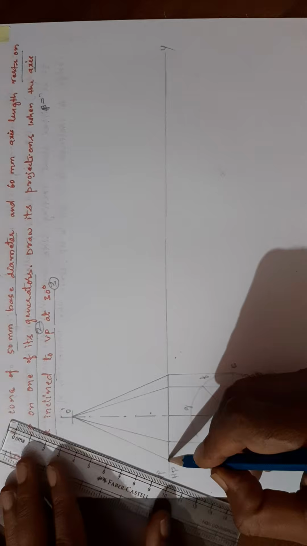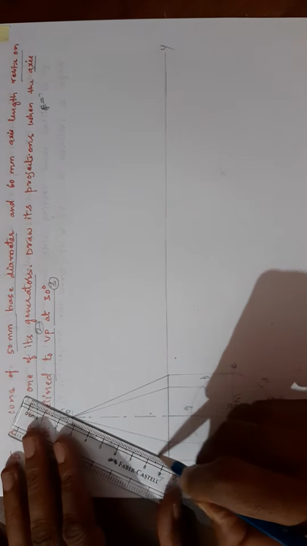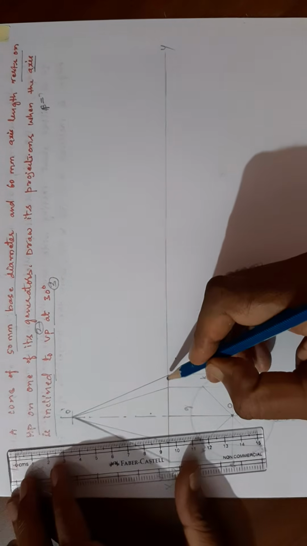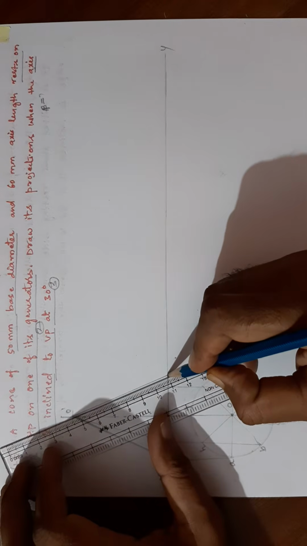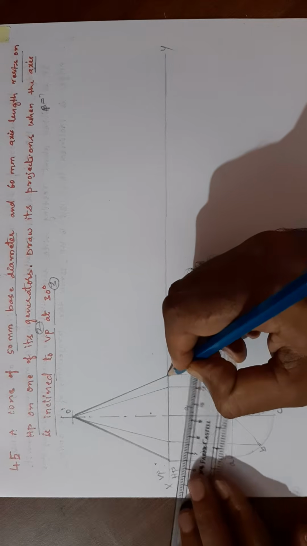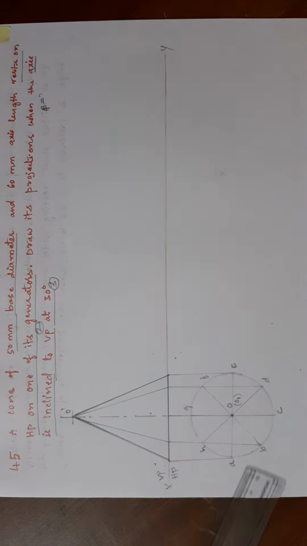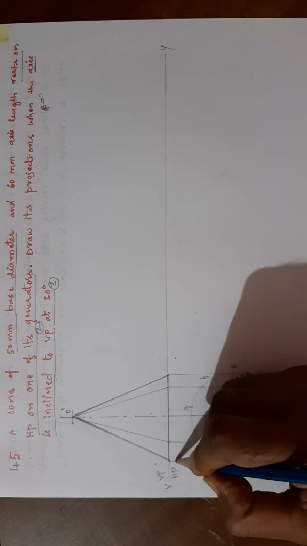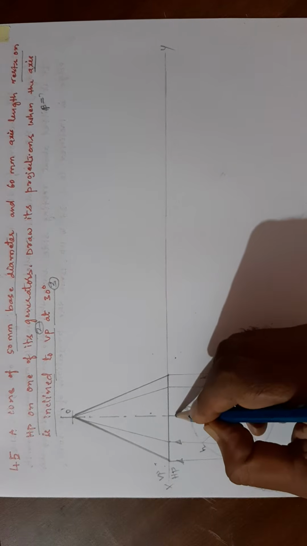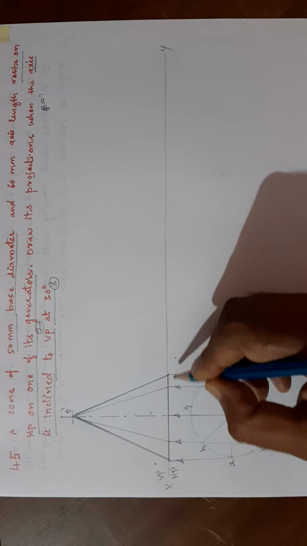But this I have to draw with thick line because it looks like the outline in the front view. These are the vertical upward projector lines.